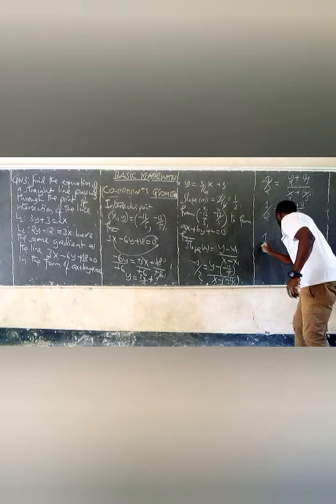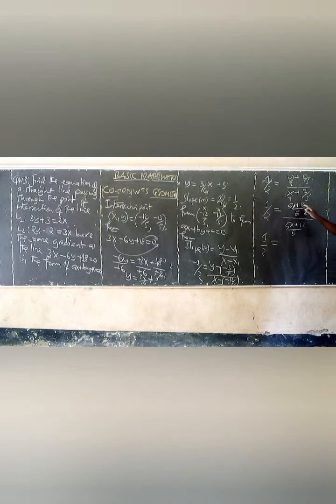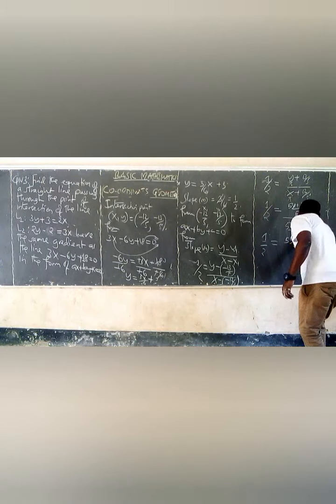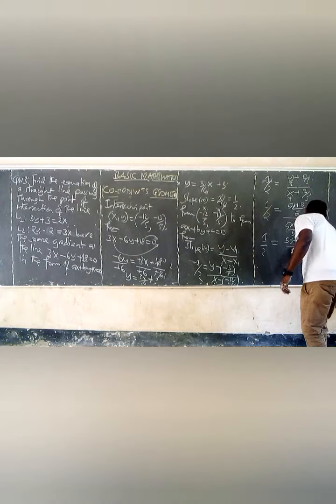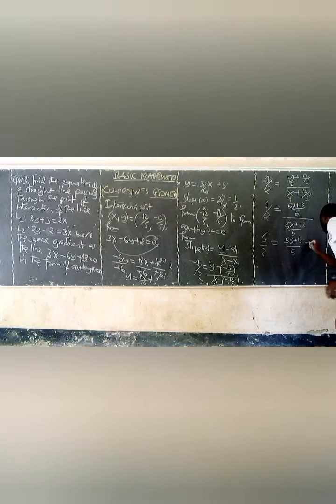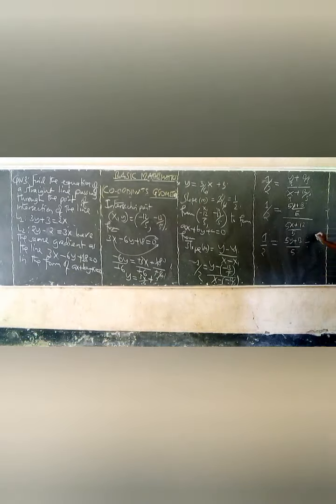Thereafter, here we say half. This is equal to 5y plus 13 over 5, divided by 5x plus 12 over 5.